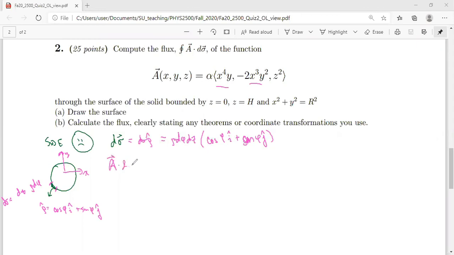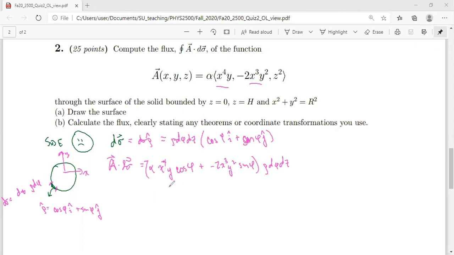So A dot d sigma, we haven't even integrated yet. We've got this gunk, and then we've got this gunk, and we have alpha x to the fourth y times all of this stuff, cosine phi, plus minus 2x cubed y squared sine phi, times rho d phi dz.